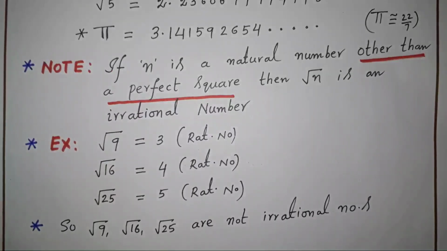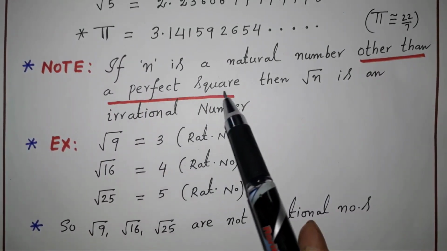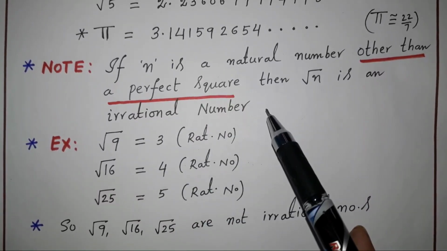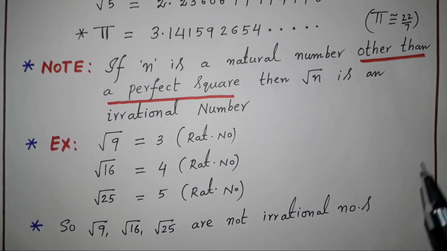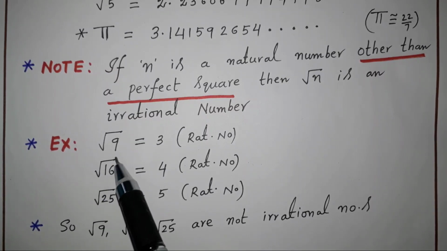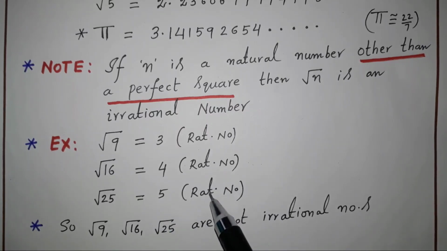In another way, if n is a natural number other than a perfect square, then square root n is an irrational number. For example, you see root 9, root 16, root 25. They have their values. Root 9 is 3, root 16 is 4, root 25 is 5. These are all rational numbers.